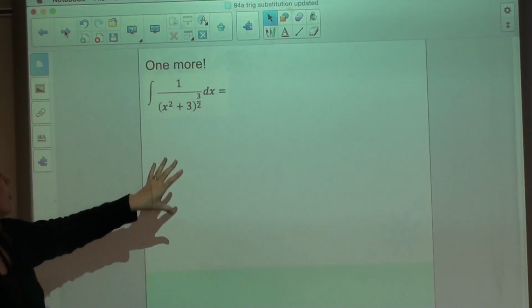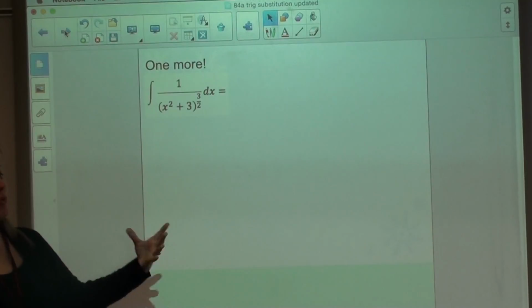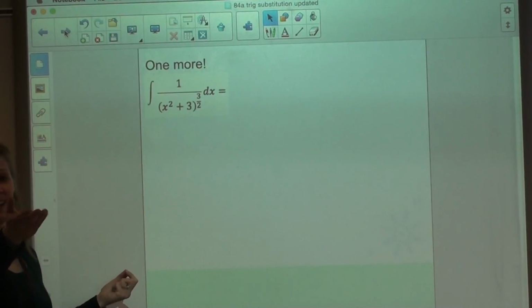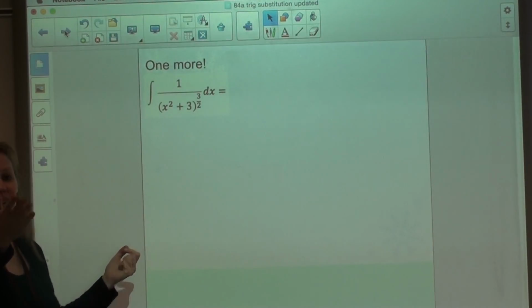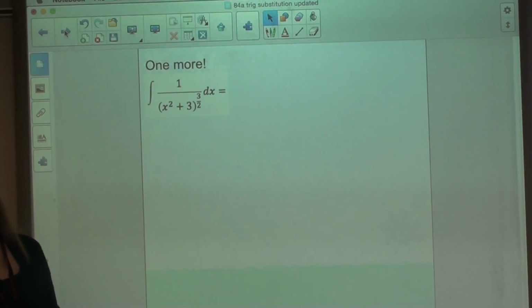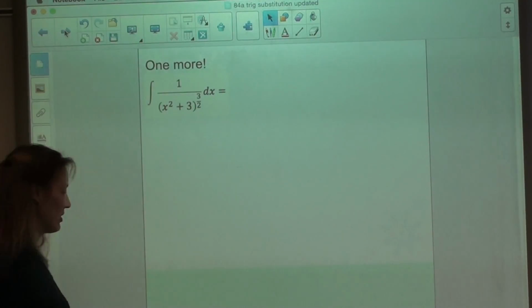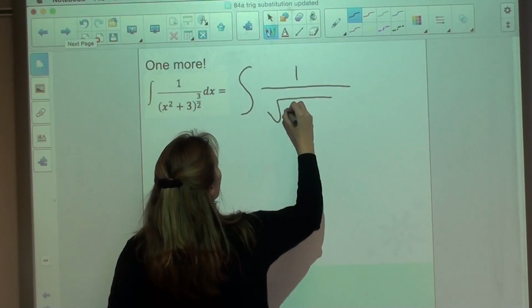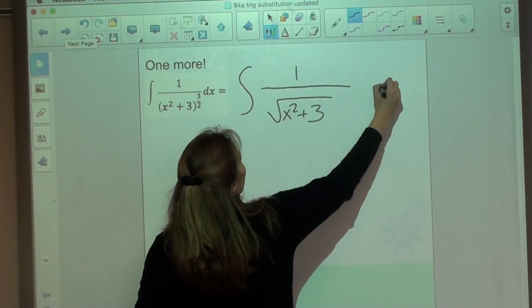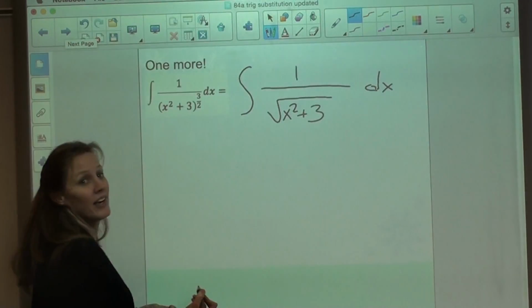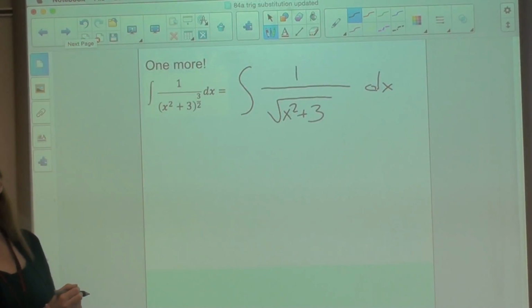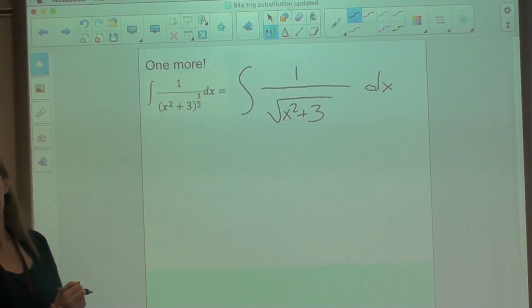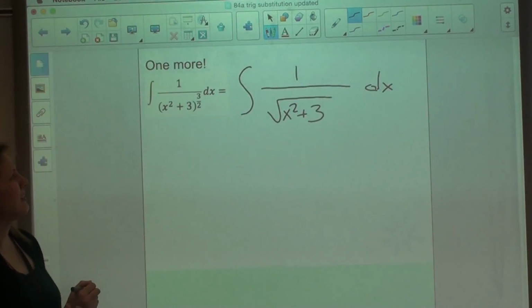So how can we write this so there's a root in it? Yes, the square root of x squared plus 3 cubed. Square root of x squared plus 3, okay.